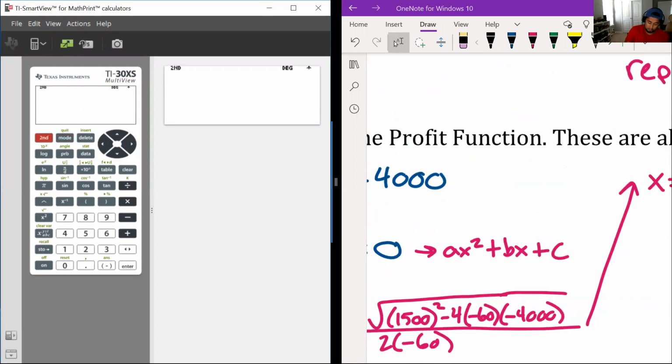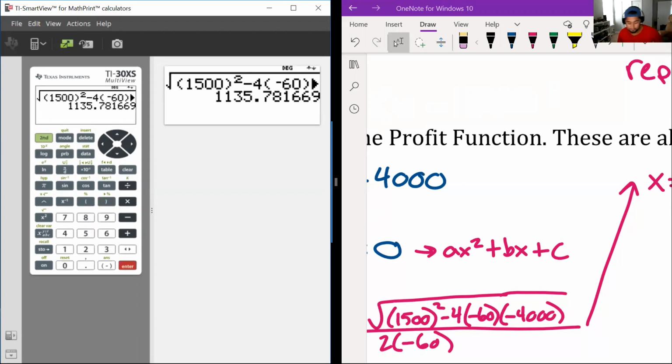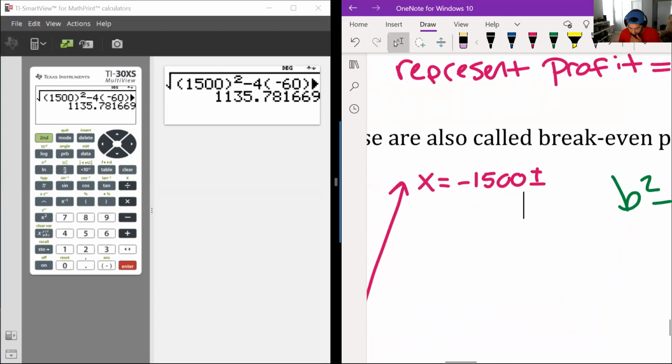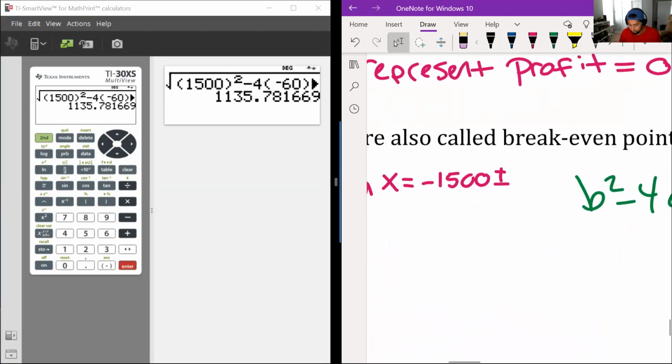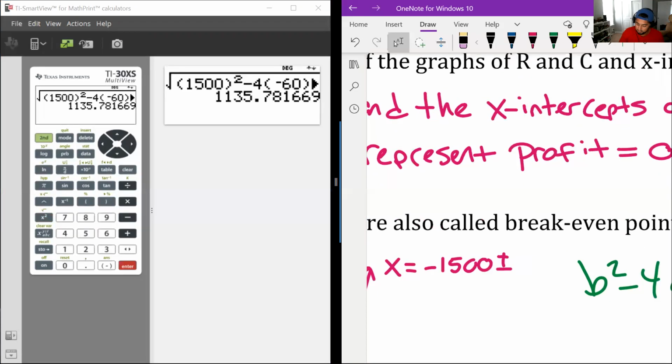So second, square root, parentheses, just like I wrote it, 1500 squared minus 4 times negative 60 times negative 4,000. Hit enter. Oof. 1335.78. So that's what's going right here.